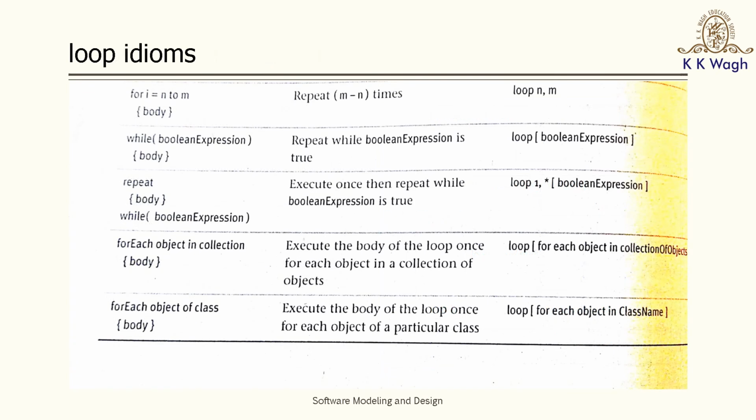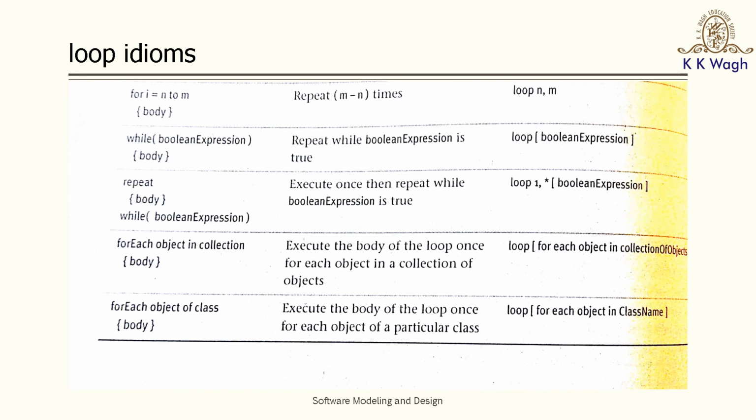Here are some loop idioms. What types of loops can you use? That is for, while, repeat, for each. You can use for each object in a collection, for each object of a class. This is very similar to your programming semantics. This iterates from i equals 1 to n, that means it repeats n times.